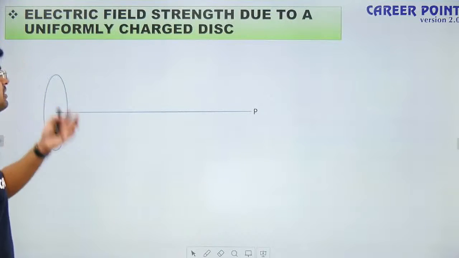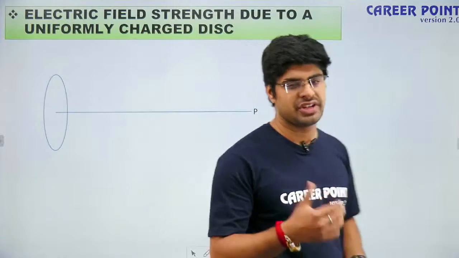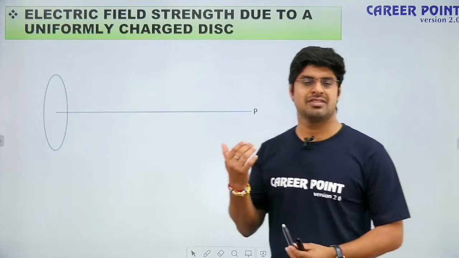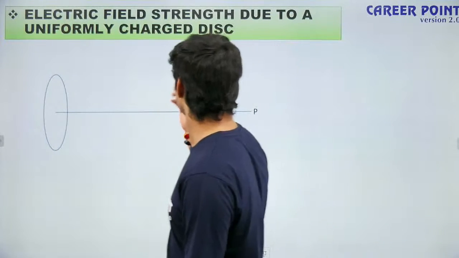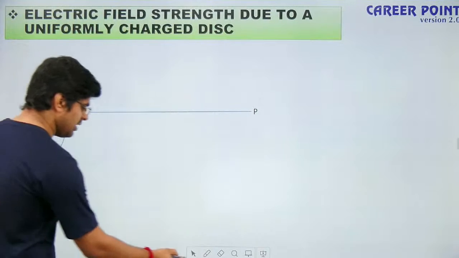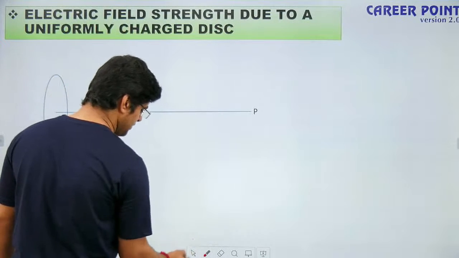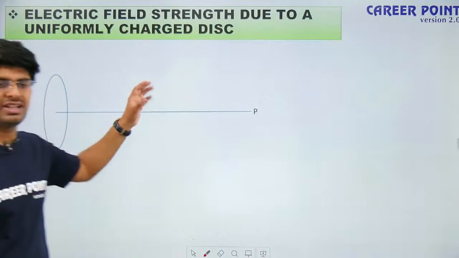So in the previous class, I covered electric field strength due to a uniformly charged ring. Today let's find out what will be electric field strength due to a uniformly charged disk. Till now I have no idea of any direct formula until I derive it.